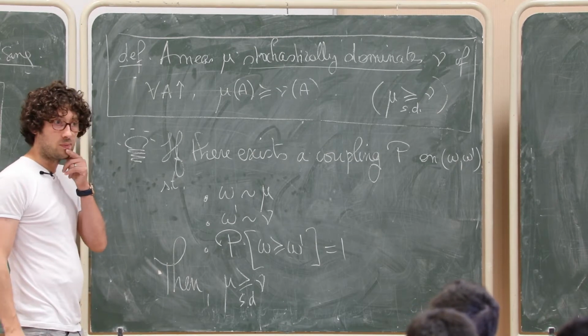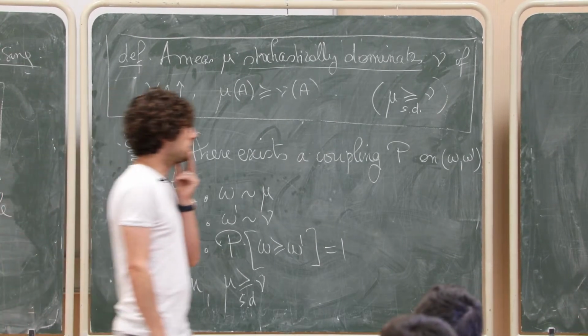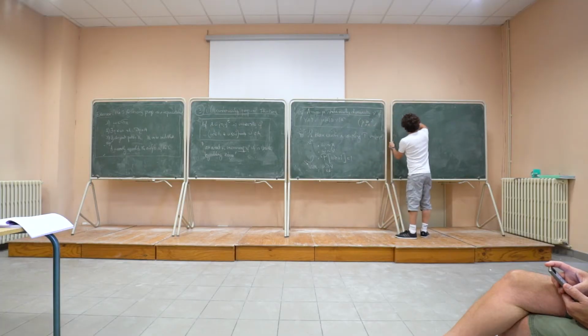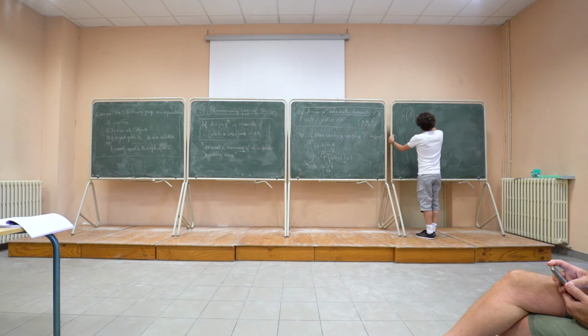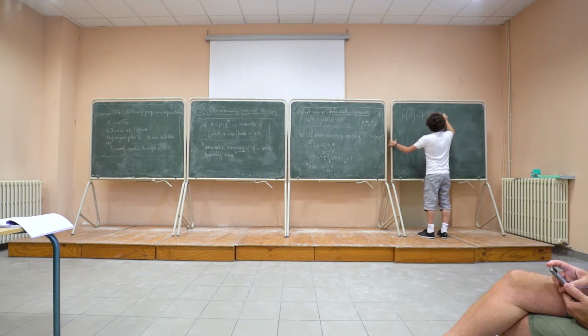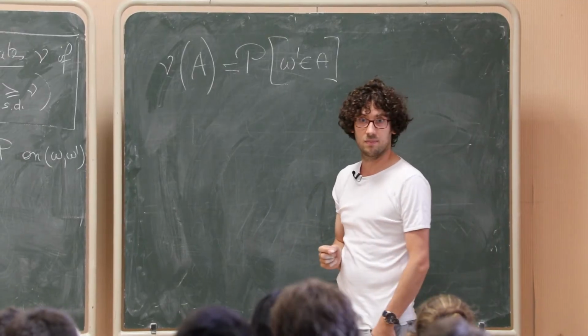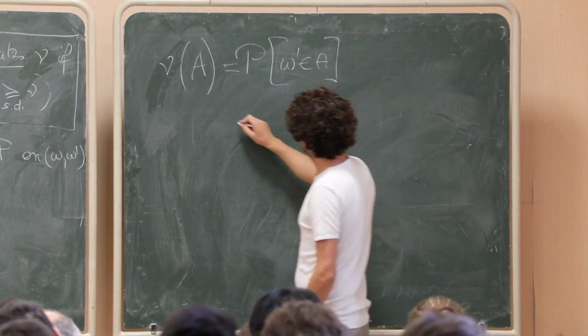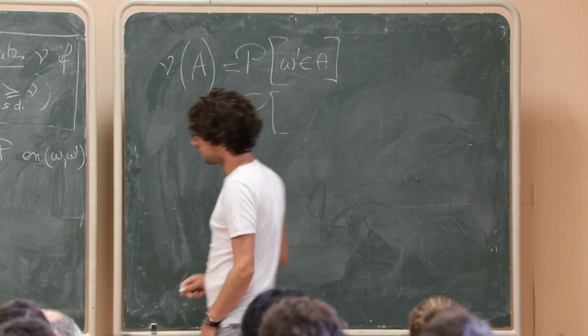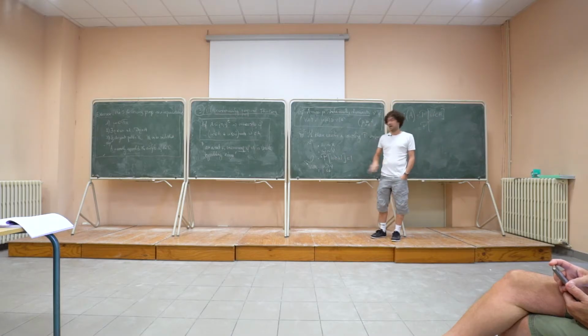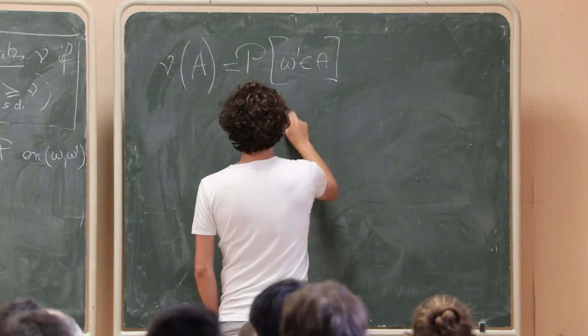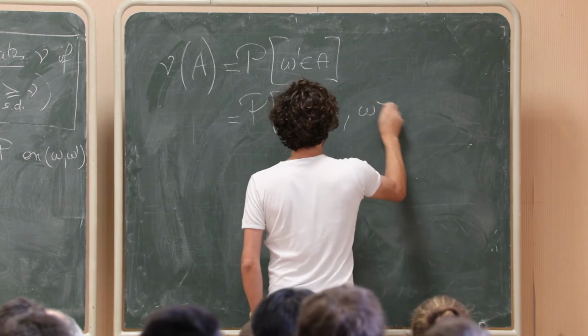So why is this true? Well, let's just take nu of A and write it using the coupling. By definition, nu of A is the probability that omega prime belongs to A, the probability that the second coordinate belongs to A. But notice that omega is always larger or equal to omega prime. This is with probability 1. So here I can also add omega larger than omega prime.